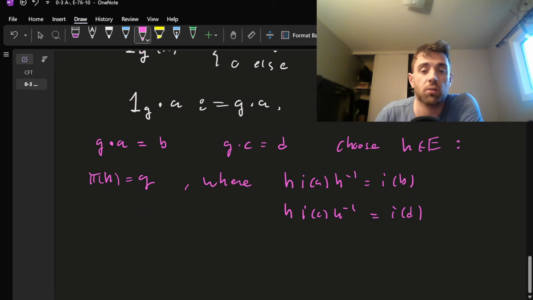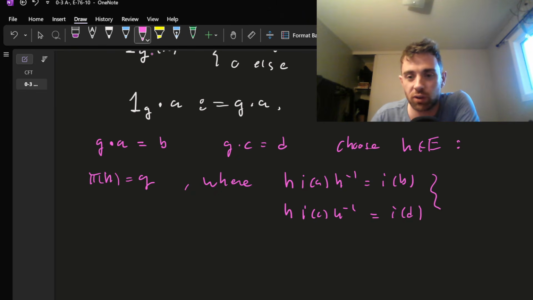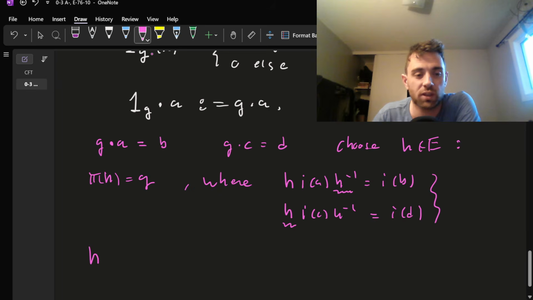So let me just multiply these two equations together. What do we get? This H is going to cancel with this H, and I'm going to be left with H I(A plus C) H inverse. I can pull those in because it's a homomorphism.